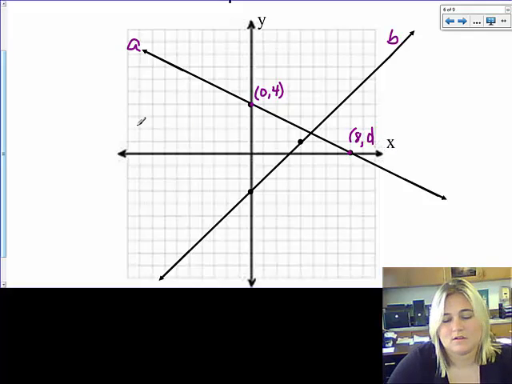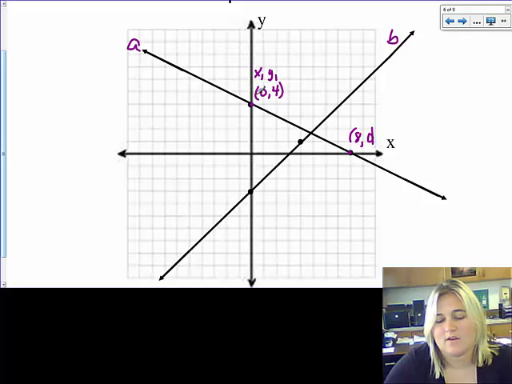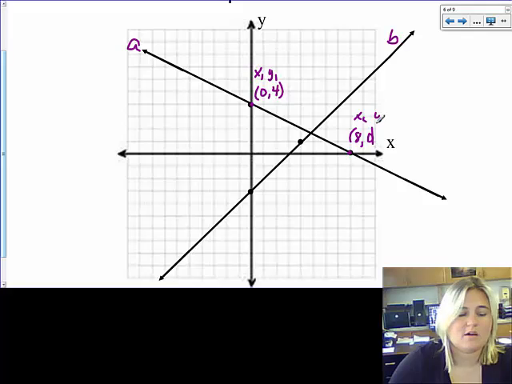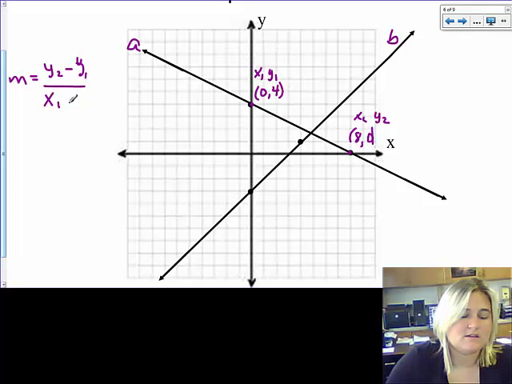We're going to use x sub 1, y sub 1. Remember, our coordinates are always x and y. And I have x sub 2, y sub 2. So my formula is m equals y sub 2 minus y sub 1 over x sub 2 minus x sub 1.